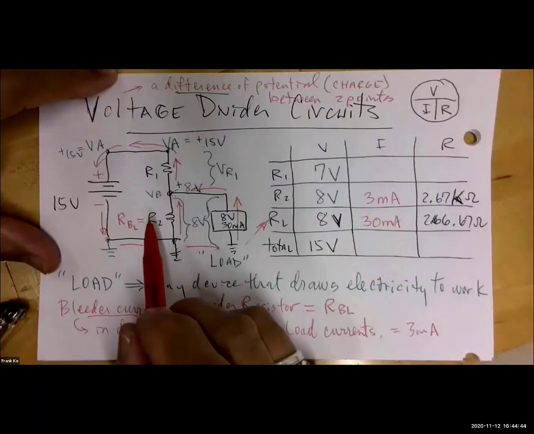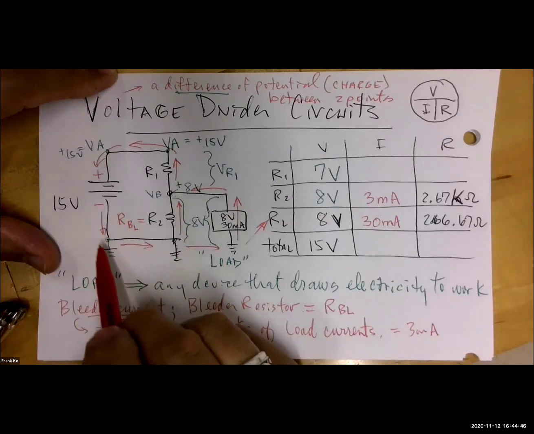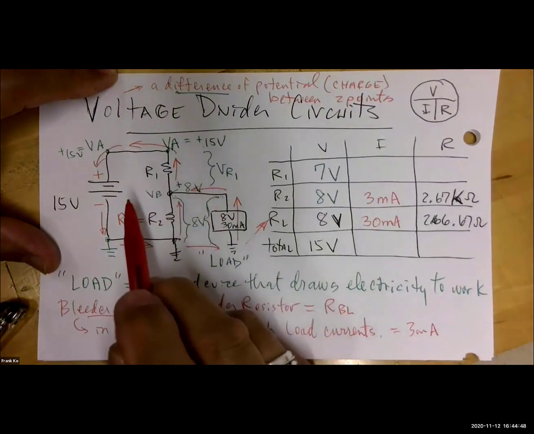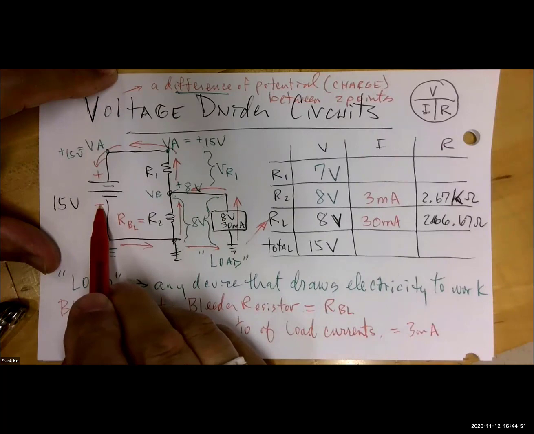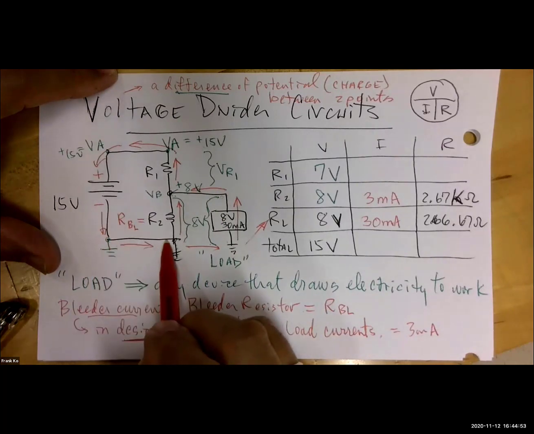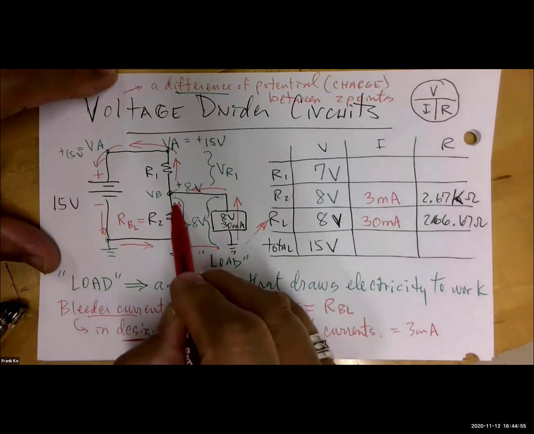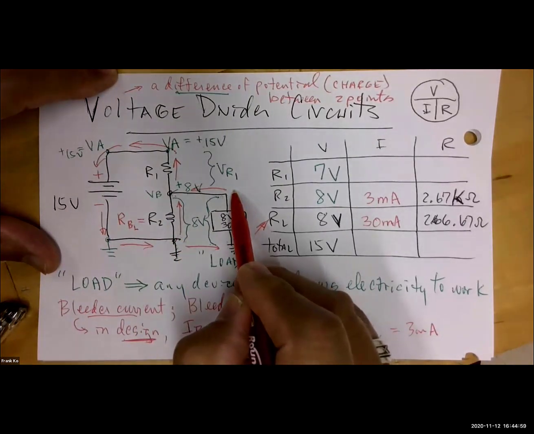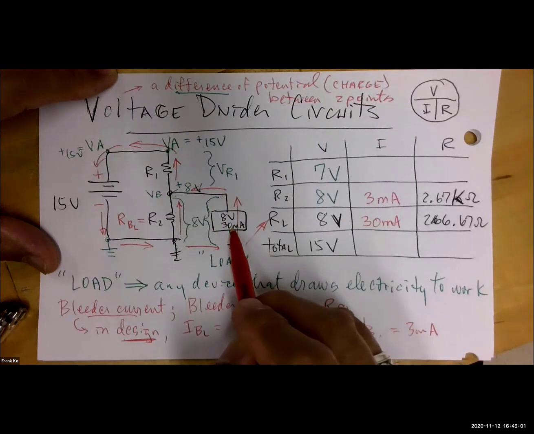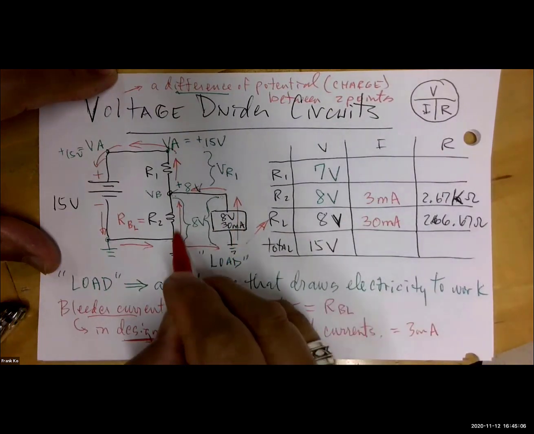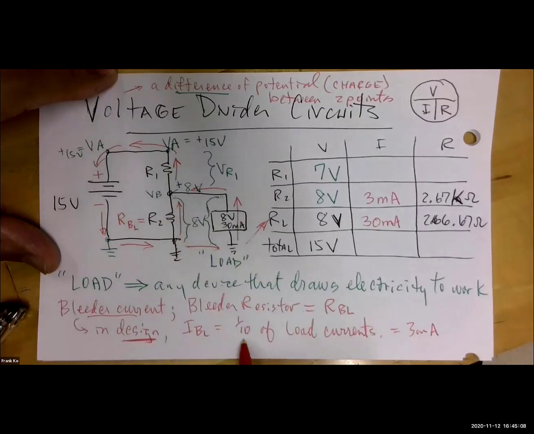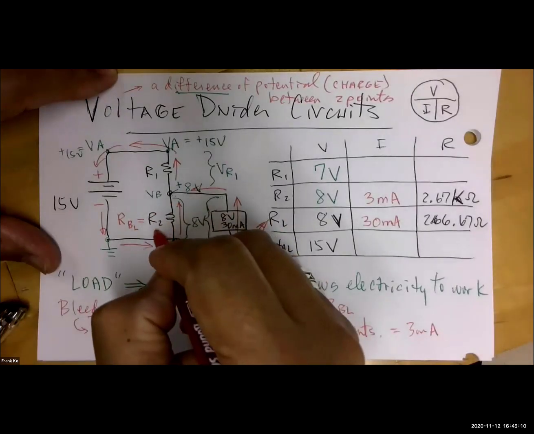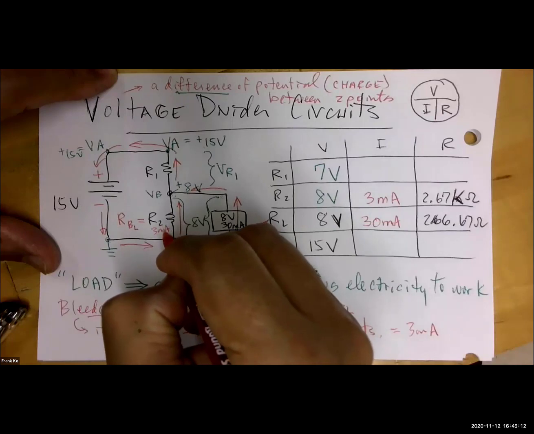33 milliamps. All right, so take a look at my schematic. You're entirely correct. If you've watched how I've drawn the arrows for current flow, the electrons leave the negative plate, come down here, and they split. Some goes up through R2, some comes up through the load resistor. How much comes up through the load resistor is 30 milliamps. How much comes up through the bleeder resistor was based on our formula, 1/10 of load current, so I have 3 milliamps here.